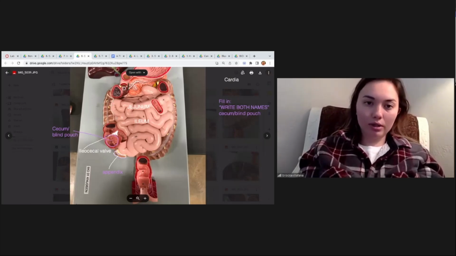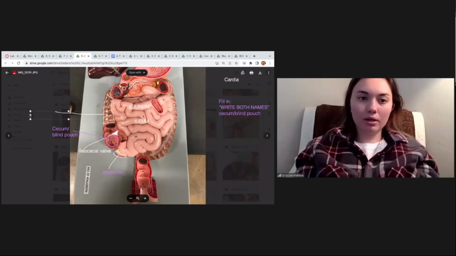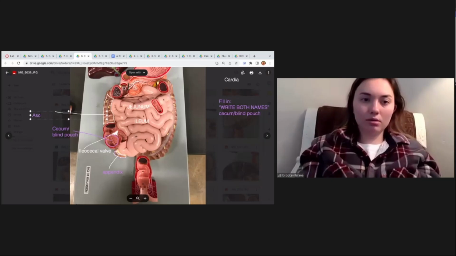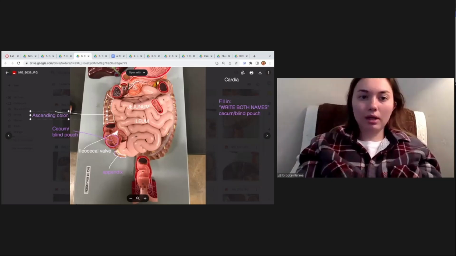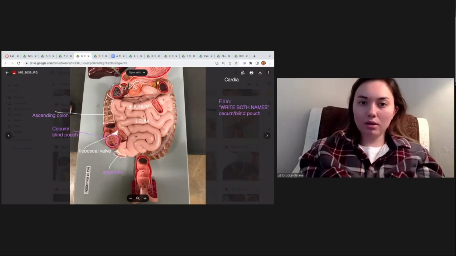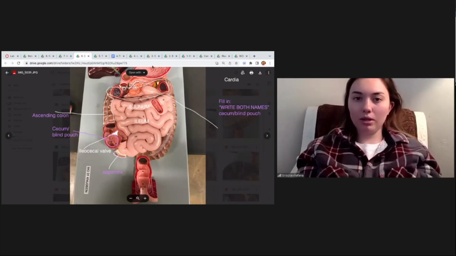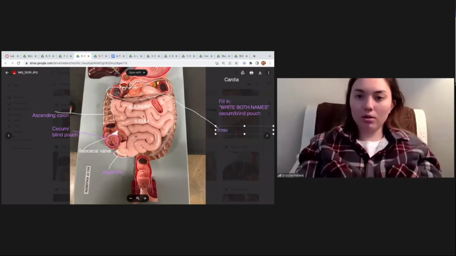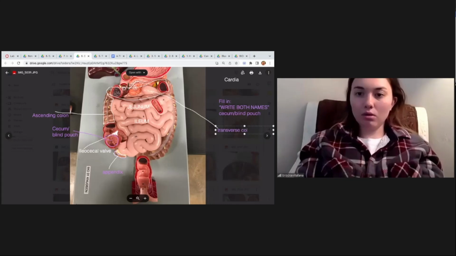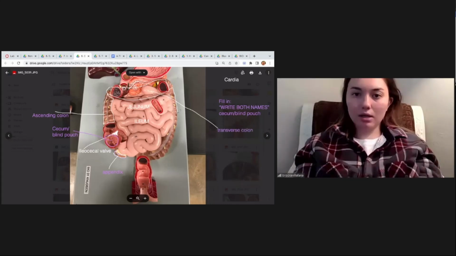Remember, your colon is your large intestine, so the part that goes up is your ascending colon. It's removed right now so that you could see what was underneath, but the transverse colon goes right here. I'll show you when we get over there, but it's just a missing piece on this part. Transverse colon. Then you're going to have your descending colon.